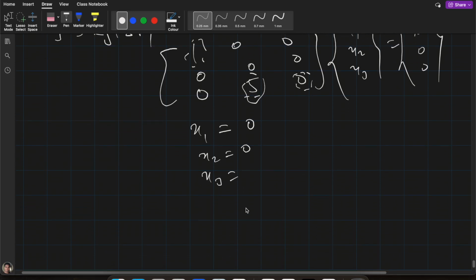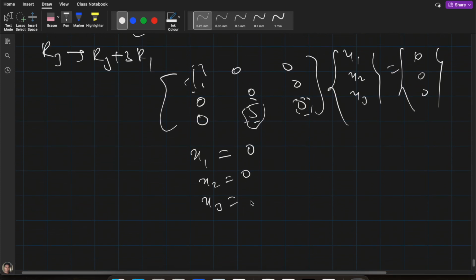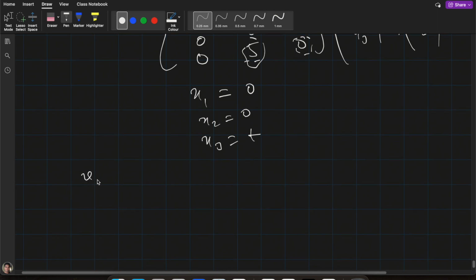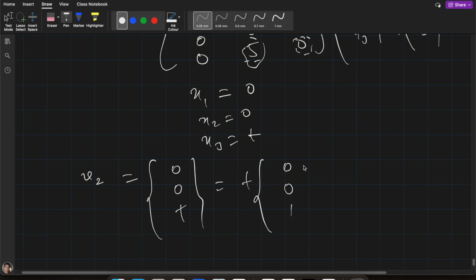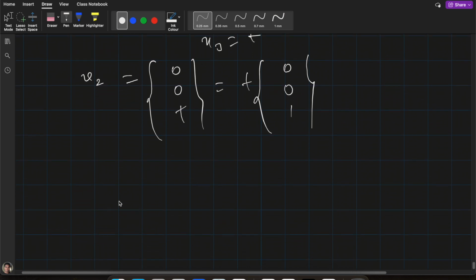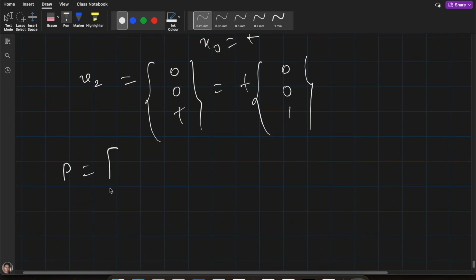No, fine. So x3 equal to t, that will be v2 equal to 0 0 t. You can take t as common, so 0 0 1. Now what is the P matrix?